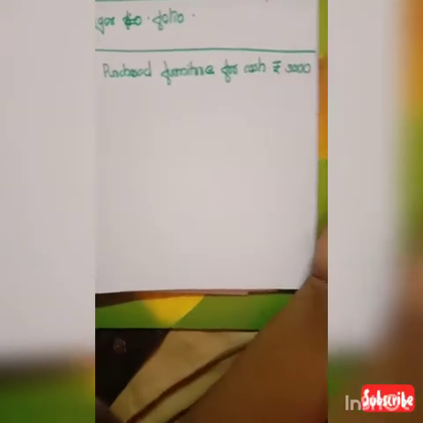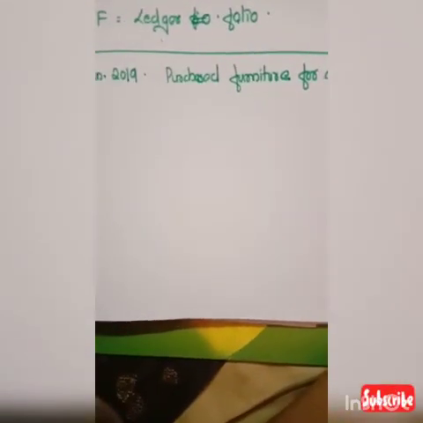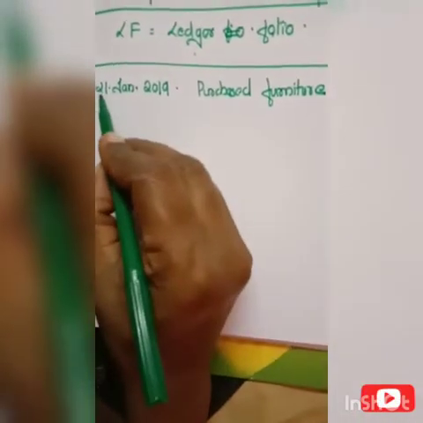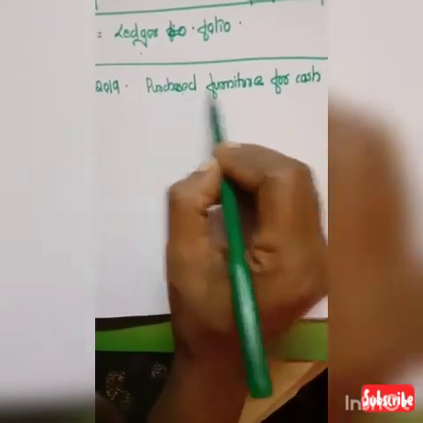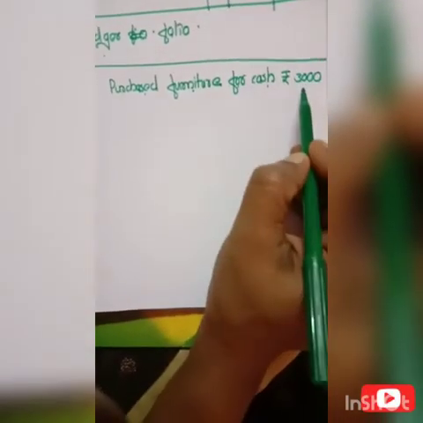The transaction occurred on 21st January 2019. What is the item? Purchased furniture for cash, rupees 3,000.